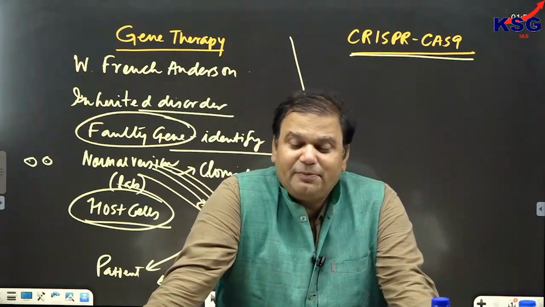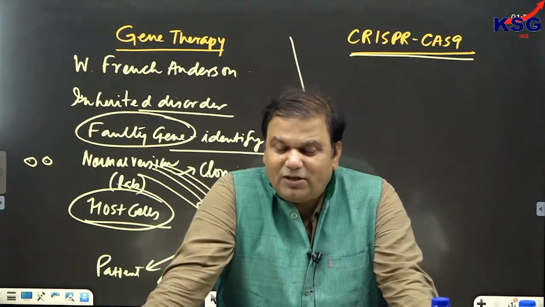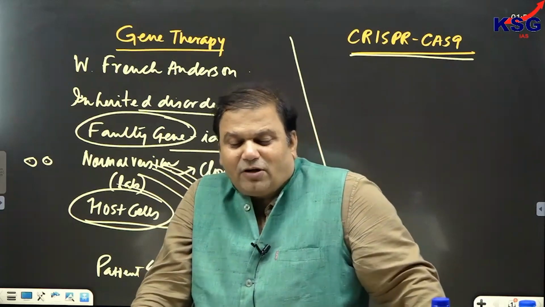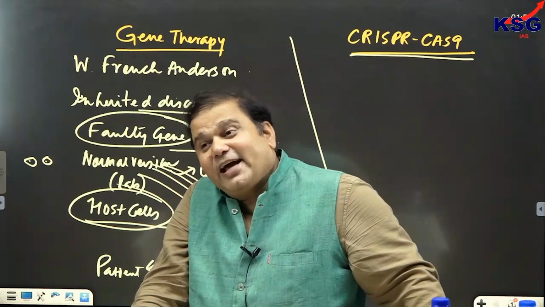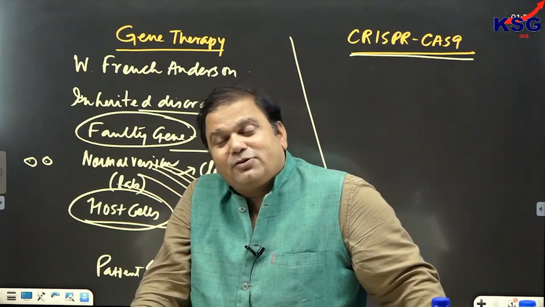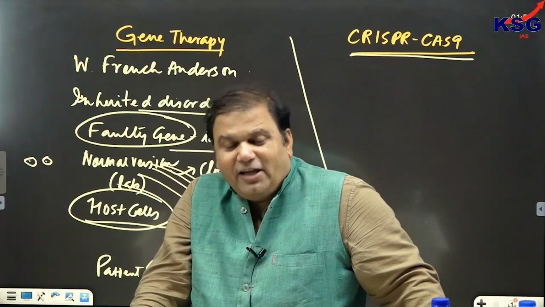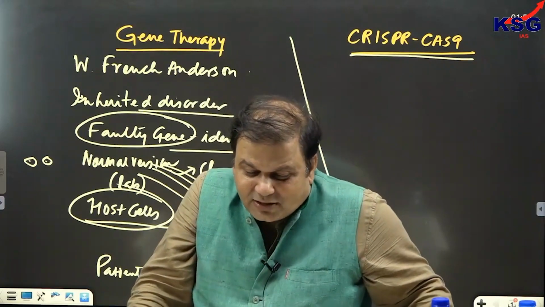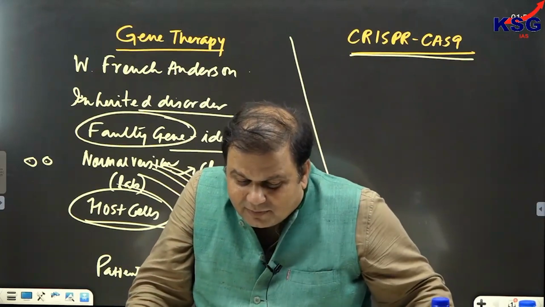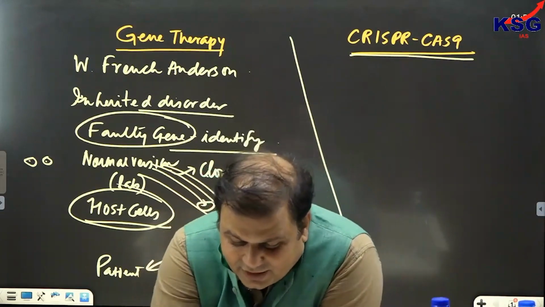Why? Because gene therapy is conducted for somatic cells only. It's never conducted for reproductive cells. So it would be carried by the reproductive cells to the subsequent generation, and again gene therapy would have to be conducted to resurrect that. Clear?